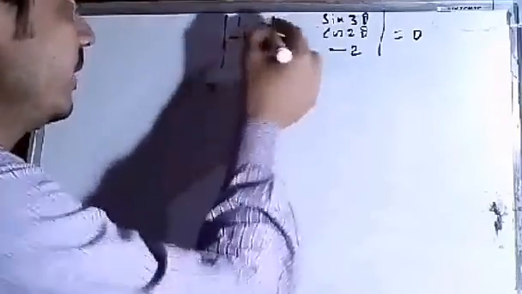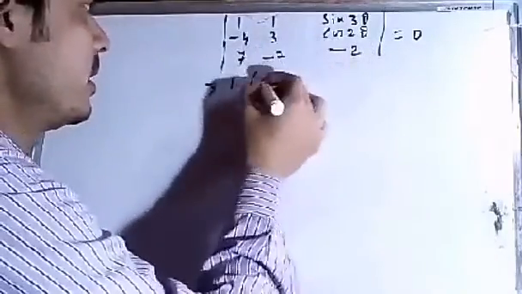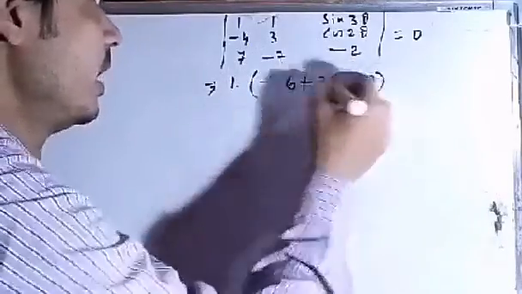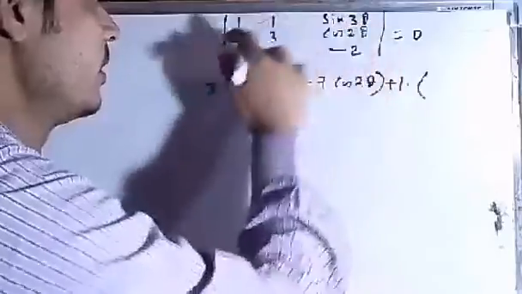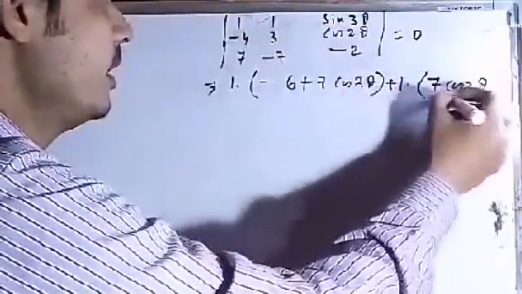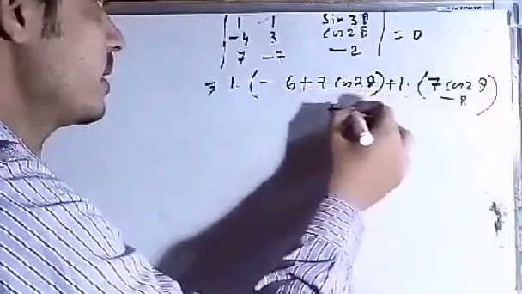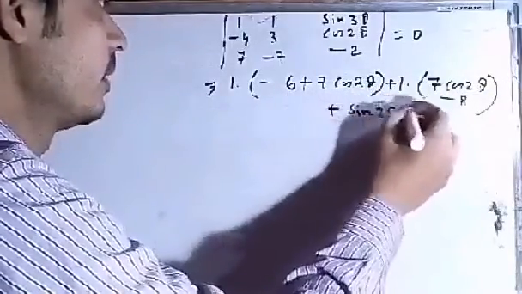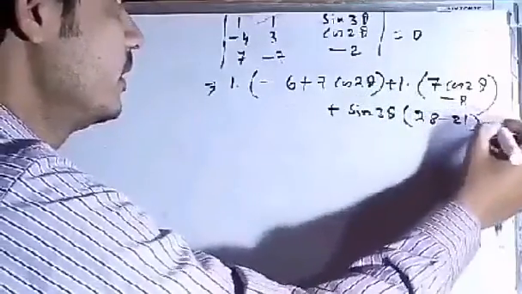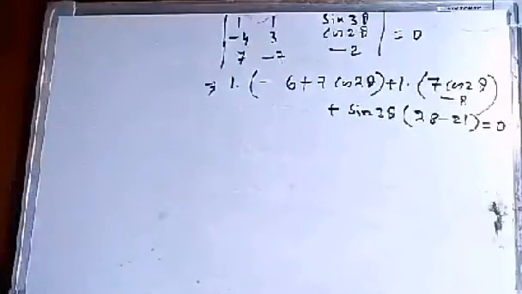So expanding, we have 1 into (minus 6 plus 7 cos 2 theta), again plus 1 into (7 cos 2 theta minus 8), then plus sin 3 theta into (28 minus 21), and this is equal to 0.